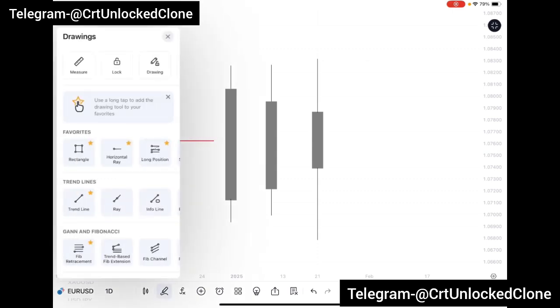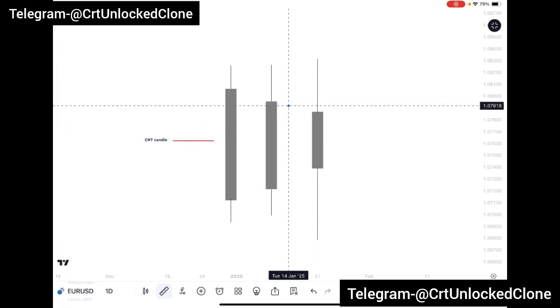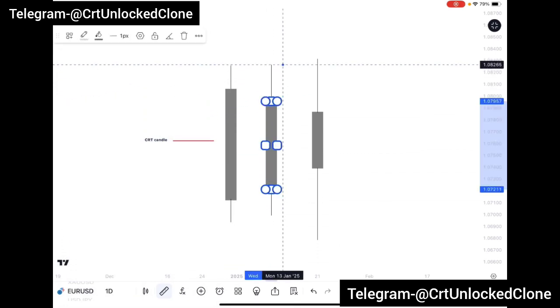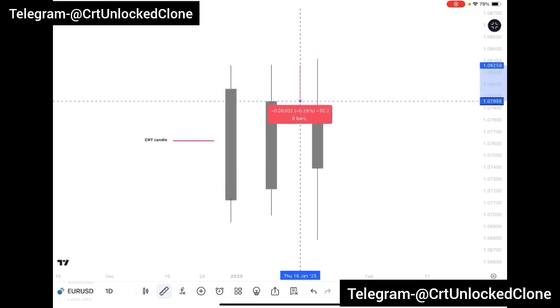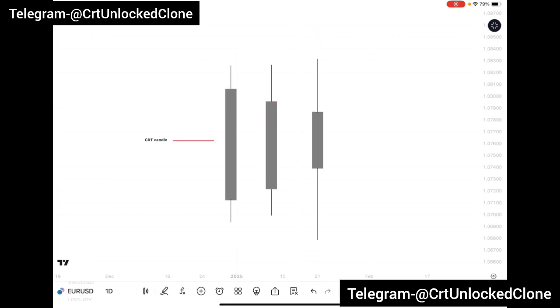Same procedure. First measure the bottom wick. The bottom wick is 0.28. Keep it in mind, and then measure the top wick.